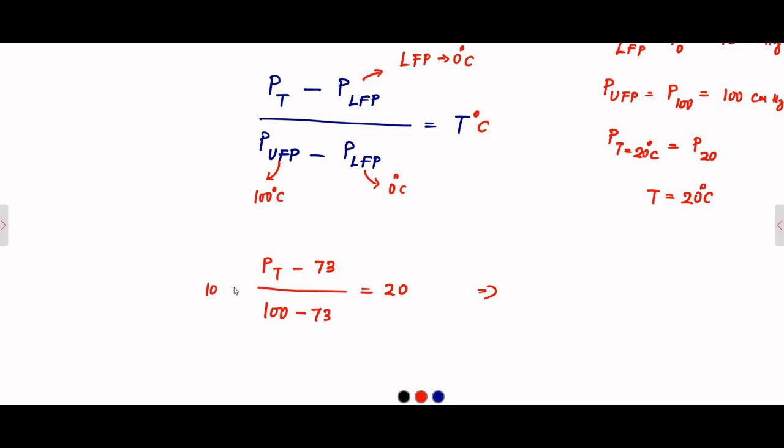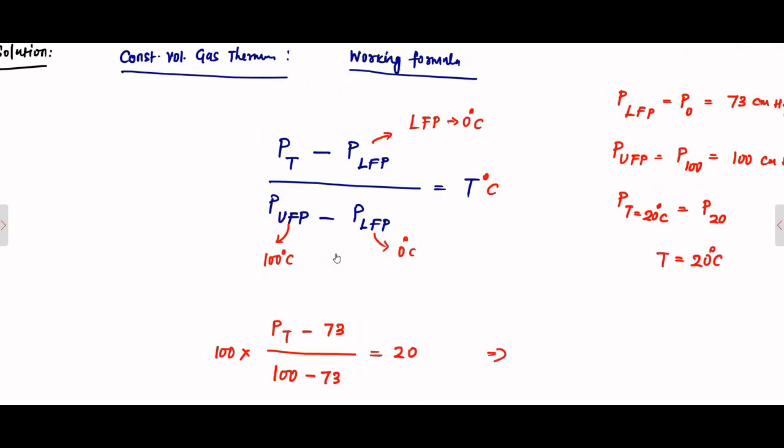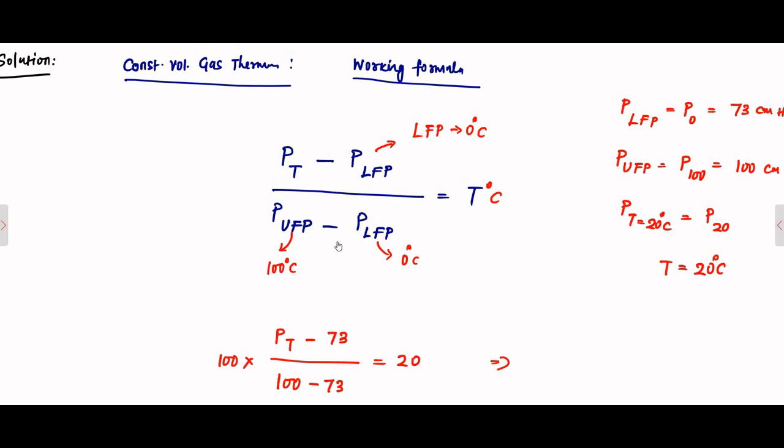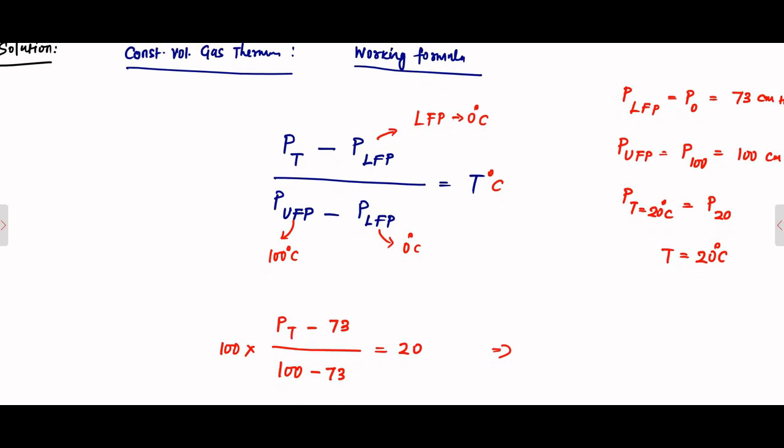Here another thing which I forgot is that we have to multiply by the total number of divisions between the upper and lower fixed point, by mistake I forgot.